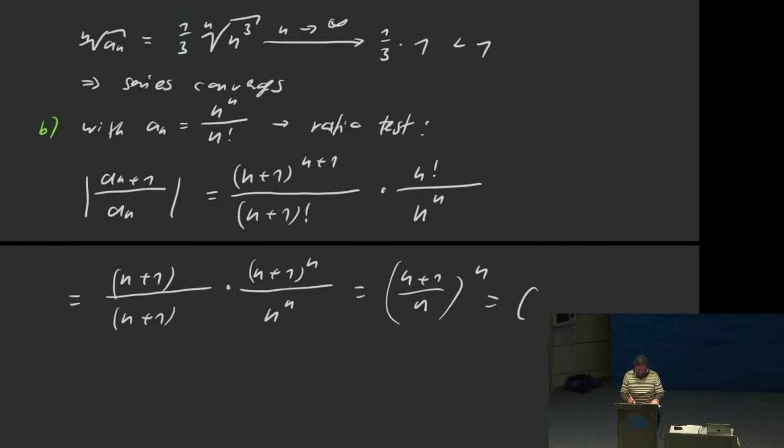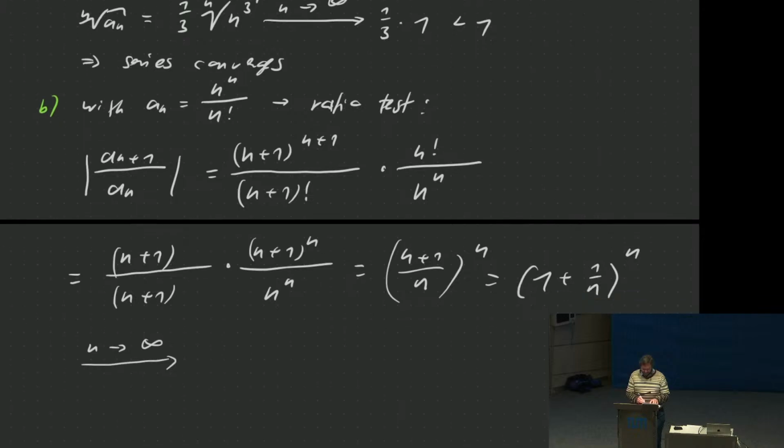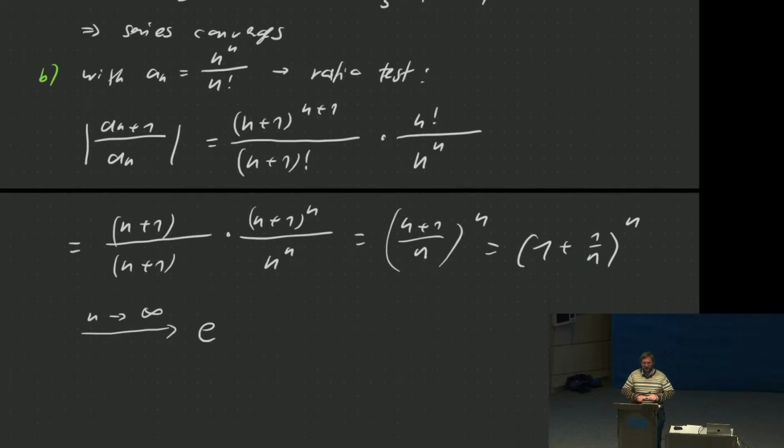This is the same as 1 plus 1 over n to the power of n. And you remember the limit of this expression, right? As n tends to infinity, this tends to e. E is, of course, greater than 1, and that means by the ratio test, this series is divergent.